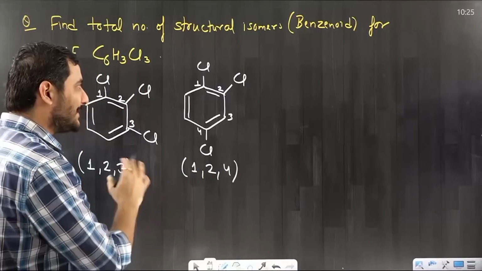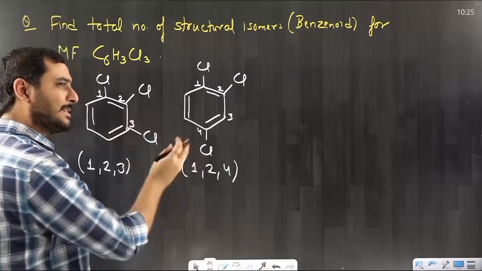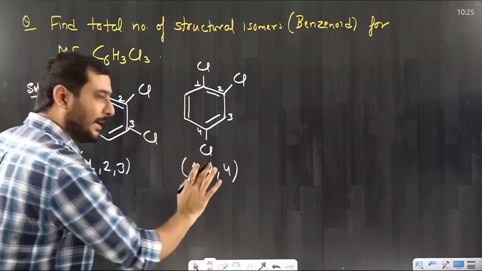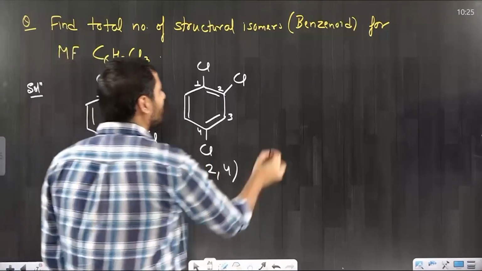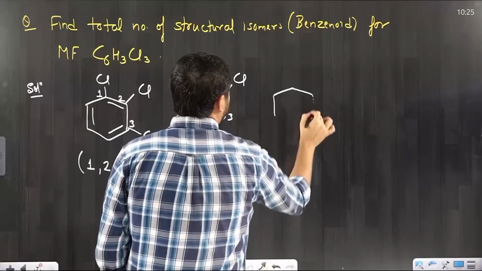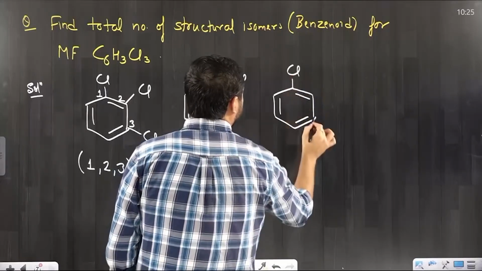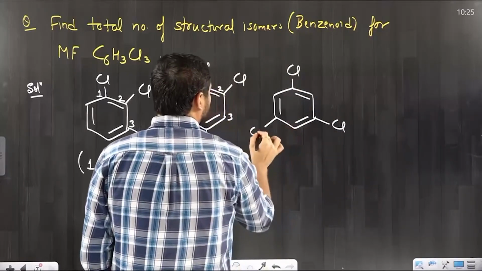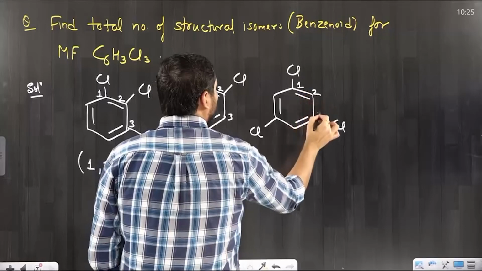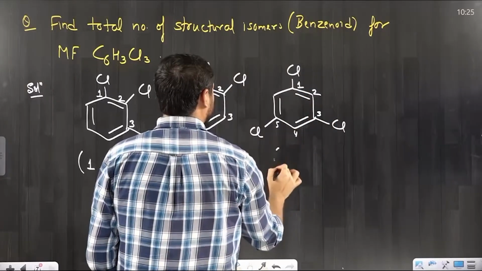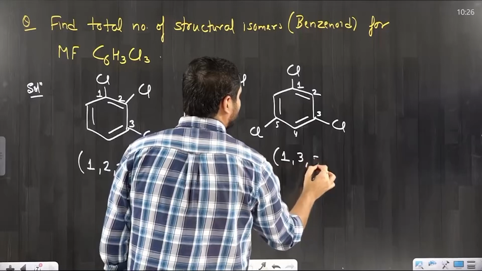Now substituents are same, so there is no alphabetical order or anything. Simple lowest set of locant rule we have to apply. So what is position? 1, 2, 4. And one possible case is 1, 3, 5.